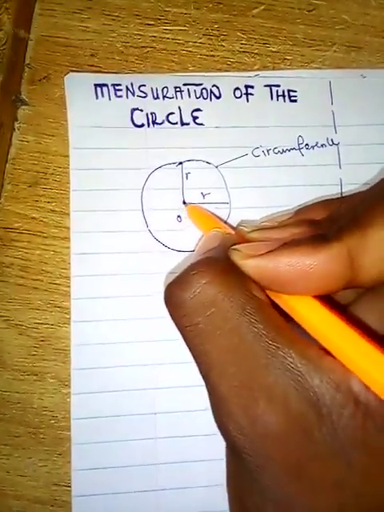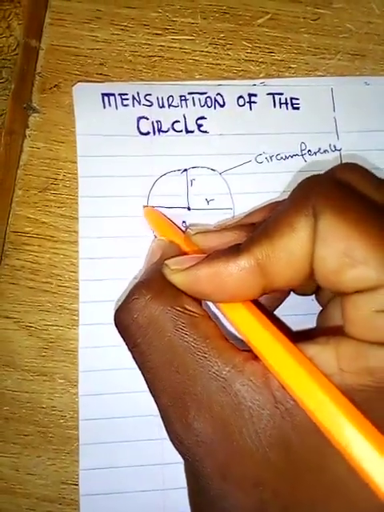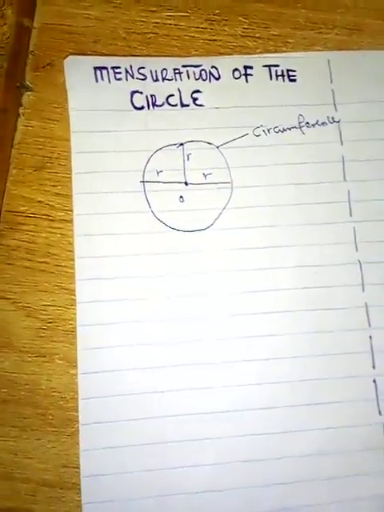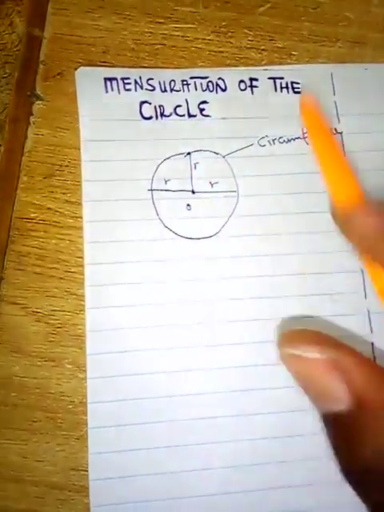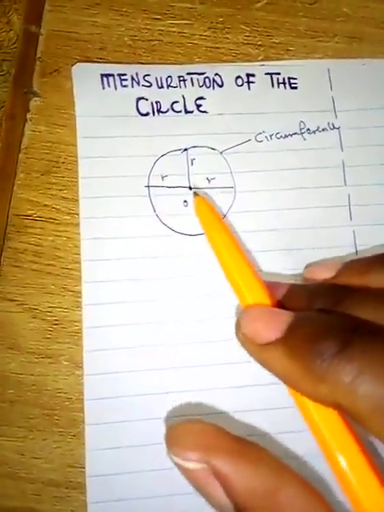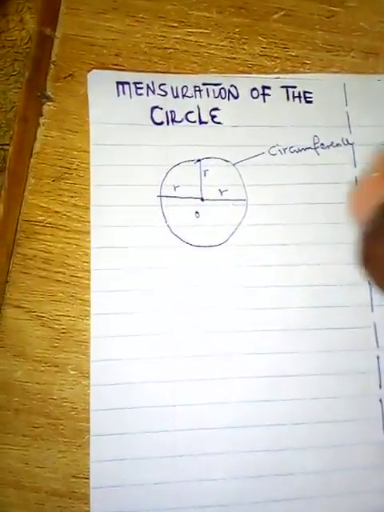Even the distance from this center up to that point there will also still be termed as the radius. As long as you're starting from your point O, reaching to the circumference, that is what is going to be referred to as the radius.